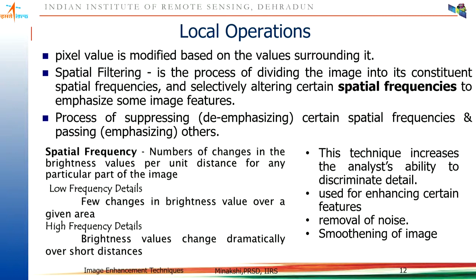We don't want the virus to enter into our system. So we are blocking it by using this mask. Similarly in image processing, we can do filtering, and in filtering we block certain information which we do not require, and we allow the other information that we want to pass through, that we want to use.